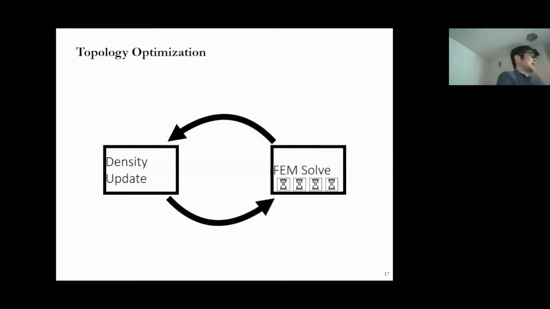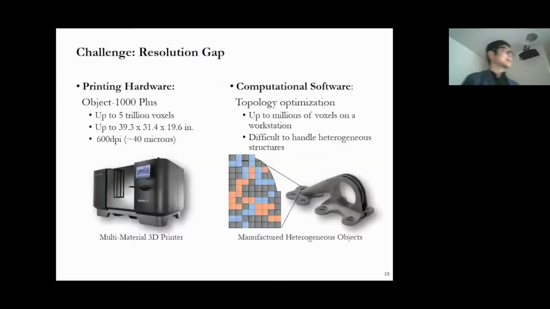Then we update the density again and solve the physics again. The main bottleneck of this loop is, of course, the FEM solve, right? If we have millions of voxels, or 10 million, 100 million, the scalability of this solver is crucial to the actual resolution we can get for our final design.